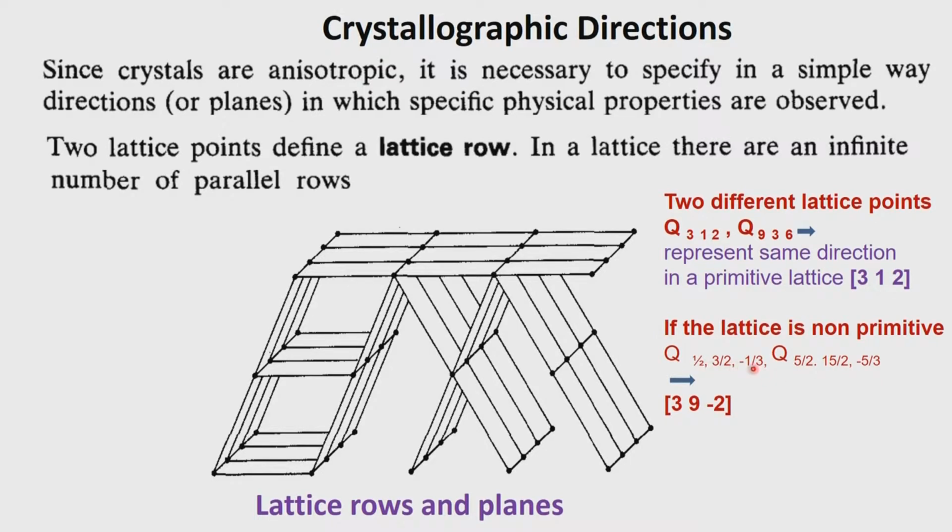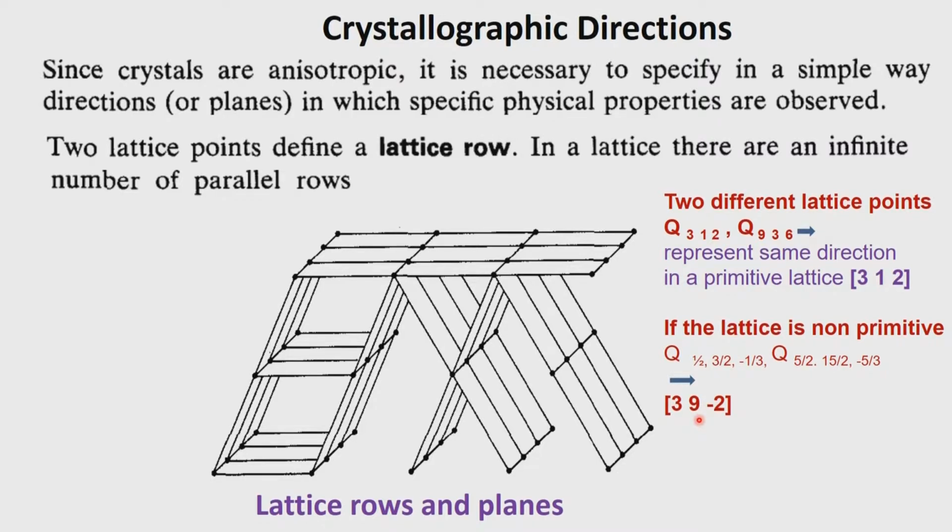How do we get 3, 9, minus 2 with these two? What we have to do is take the LCM of the denominators 2, 3 and 3. We take the lowest common multiple, and then we represent the direction. So, if we multiply this quantity by 6, which is the least common multiple, 1/2 times 6 is 3, and 3/2 times 6 is 9.